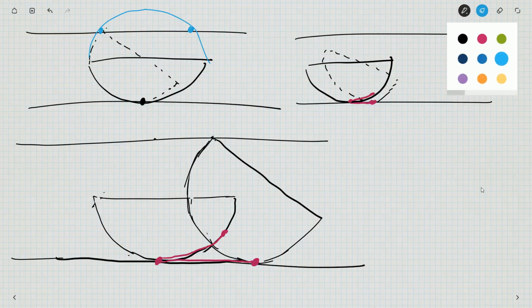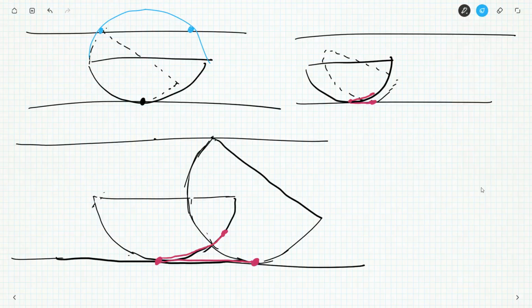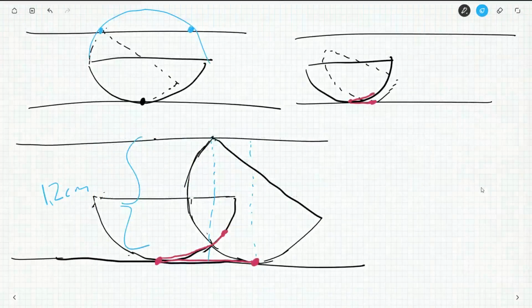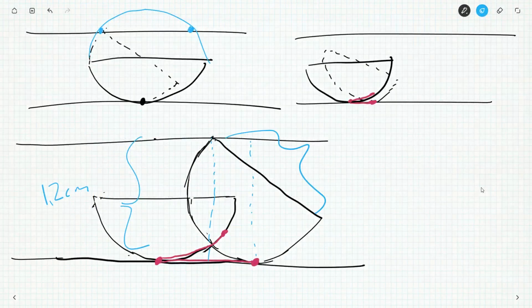Now, we know the height here, and I don't quite know where I want the height. Either it's going to be here, which I don't think is particularly useful, or right here. We know the height is 12 centimeters. And the radius was 8, so this fellow right here is 16 centimeters.